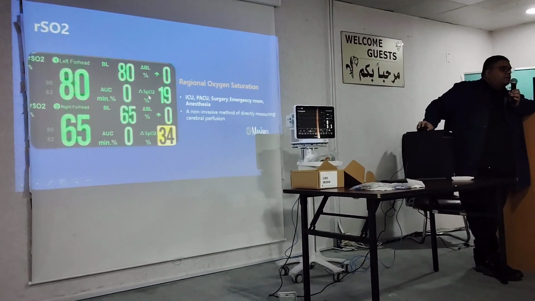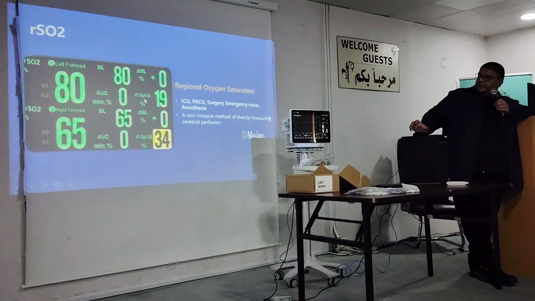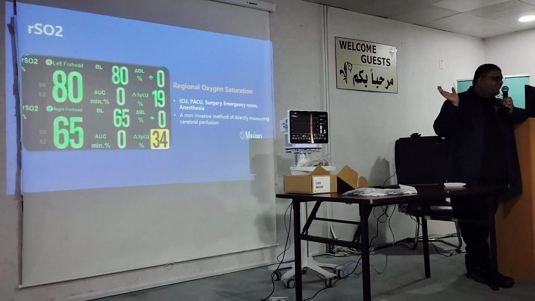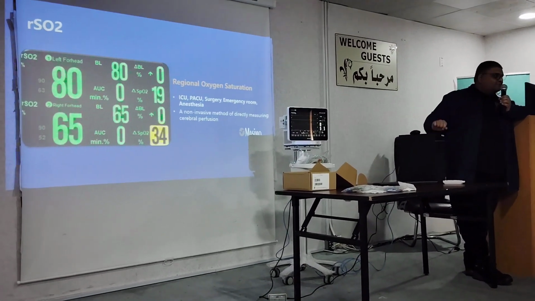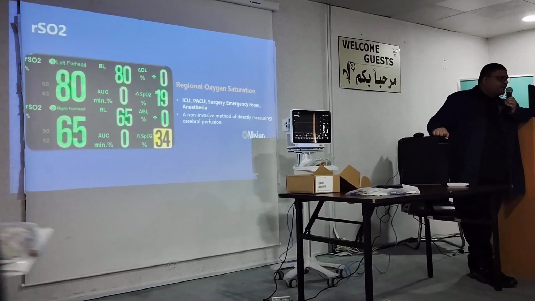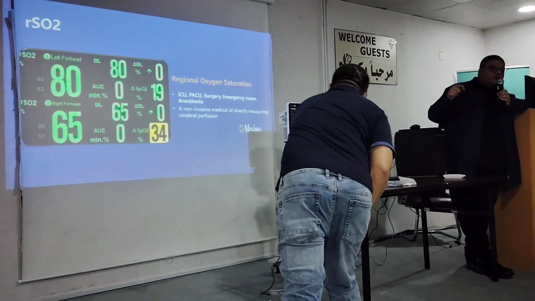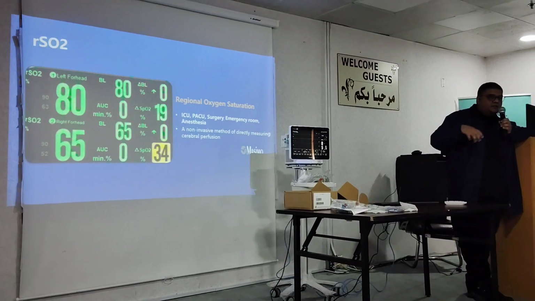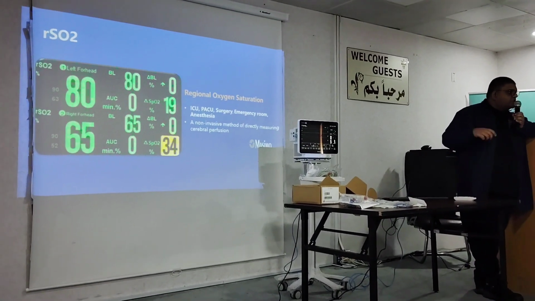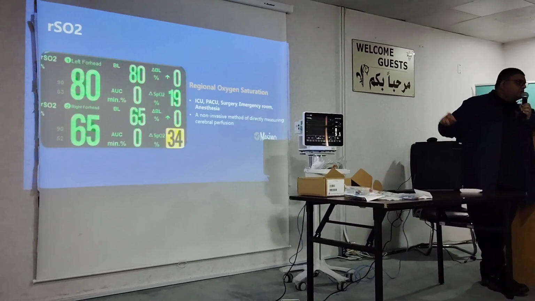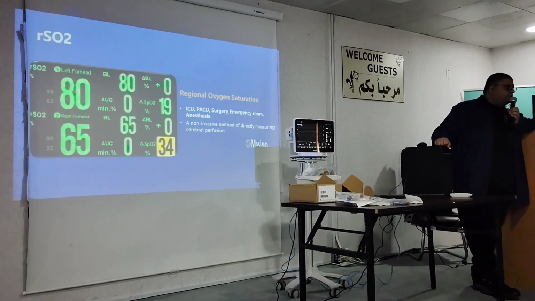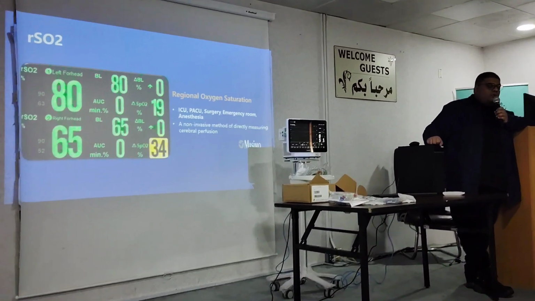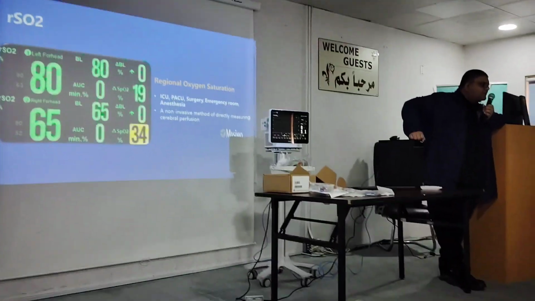Let's say that when you were monitoring the patient, you realize SpO2 is 65 and RSO2 is also 65. That means the oxygen saturation decreased in the blood first. So there's something wrong with the oxygenation of the blood. There's nothing wrong with the brain. Maybe it's not an aneurysm or something like that. But what if the SpO2 is 100?